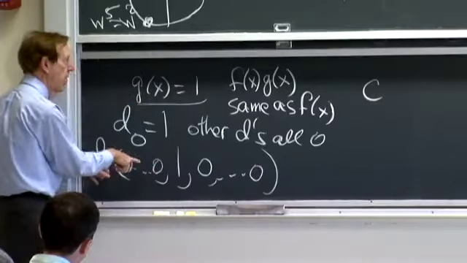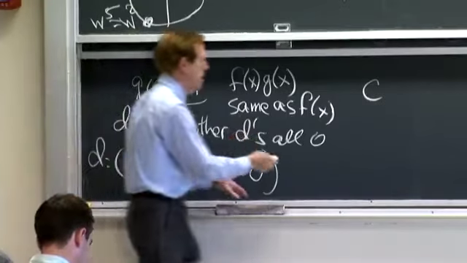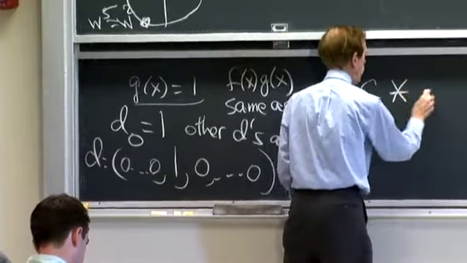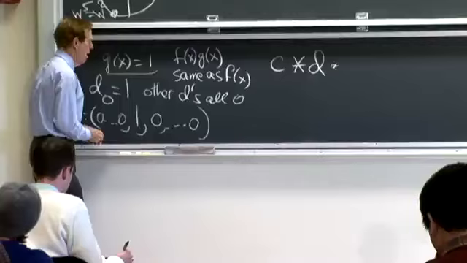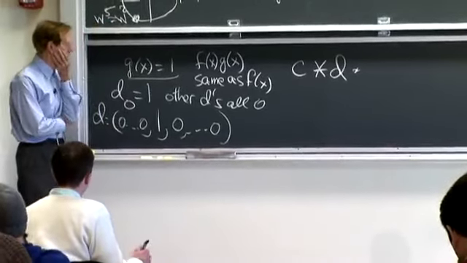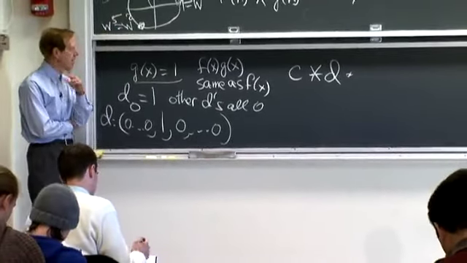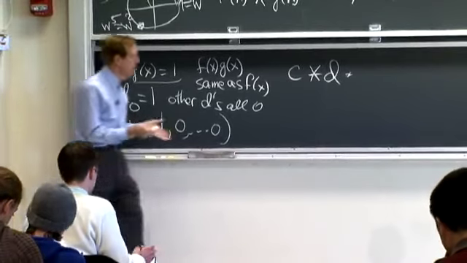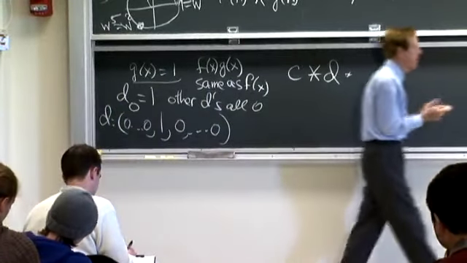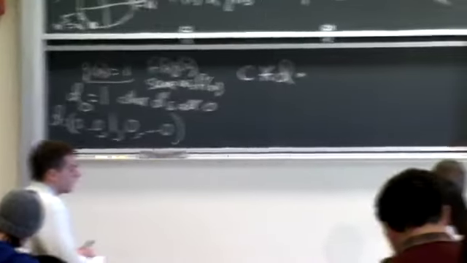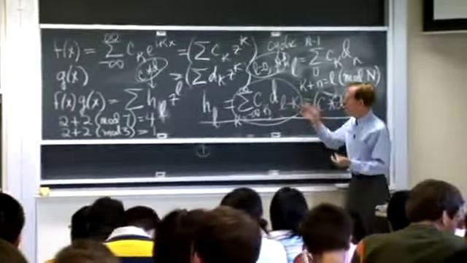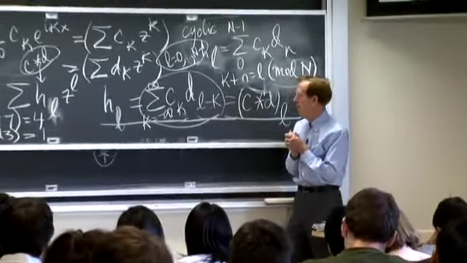And now I want to convolve that with C. I'm practicing the convolution rule on a case that's so simple it's confusing. It's a big mess, this multiplication.